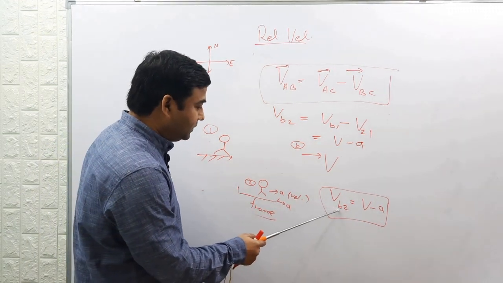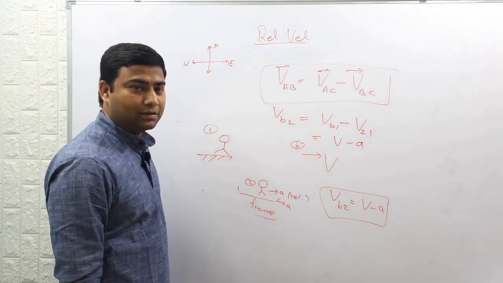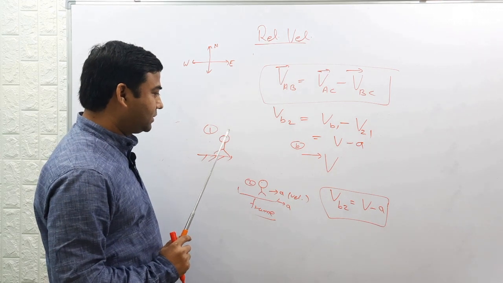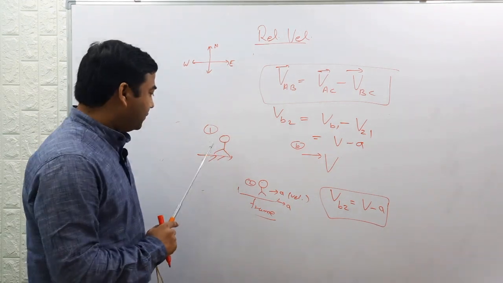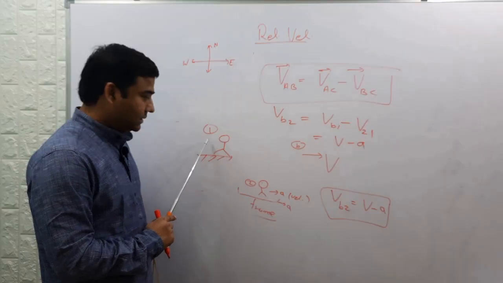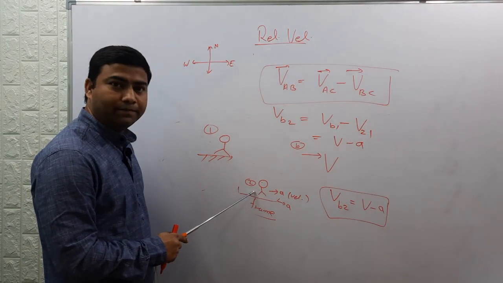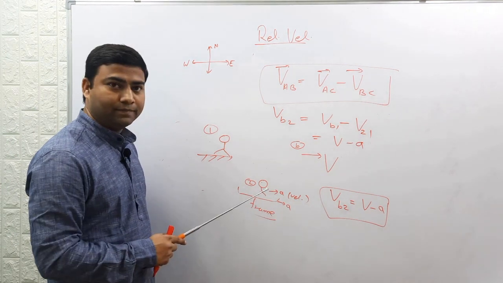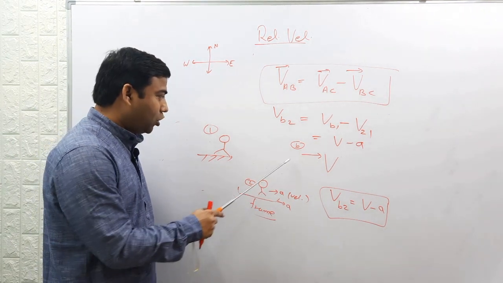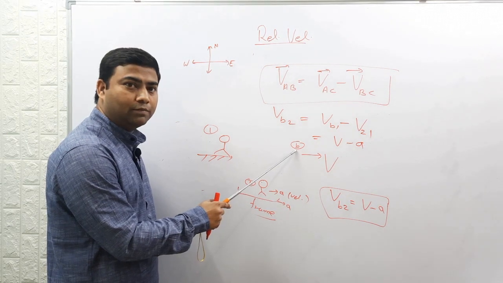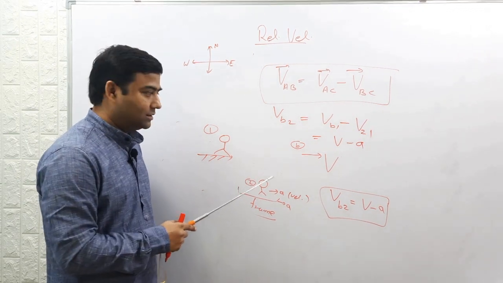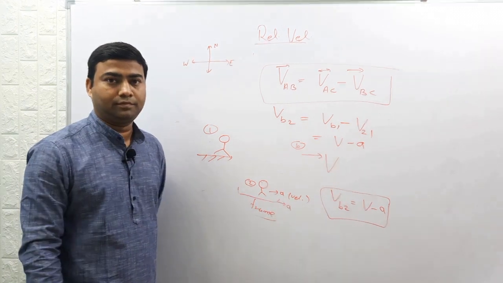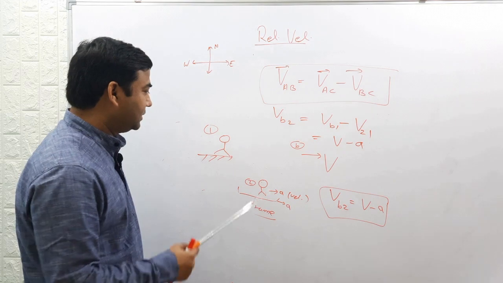So v2 is v minus a. So what conclusion do we draw? We draw the conclusion that when an observer changes his reference frame to one moving with velocity a, then the observed motion of the same object will reduce by velocity a. Again I will repeat.